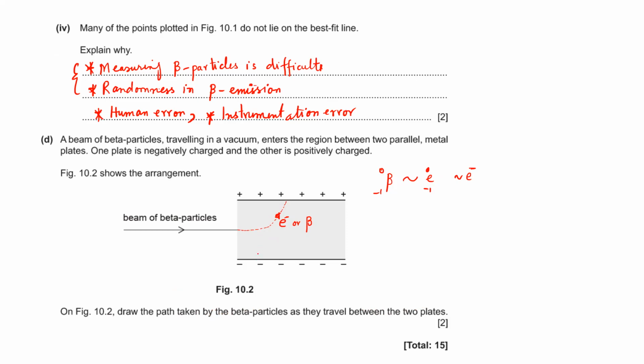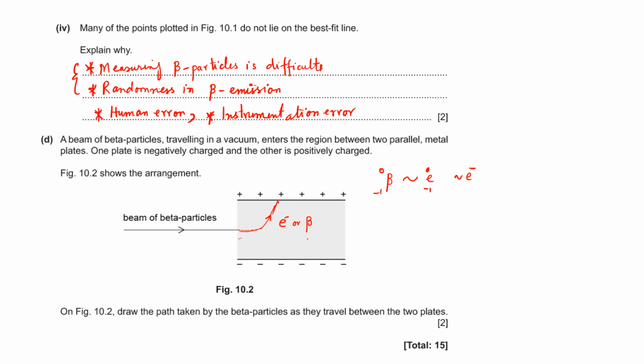Just remember, do not make this path very long. They will be attracted immediately, so a half centimeter or 1 centimeter line would be a good choice. Something like this will be a good drawing to show what happens to the beta particles.